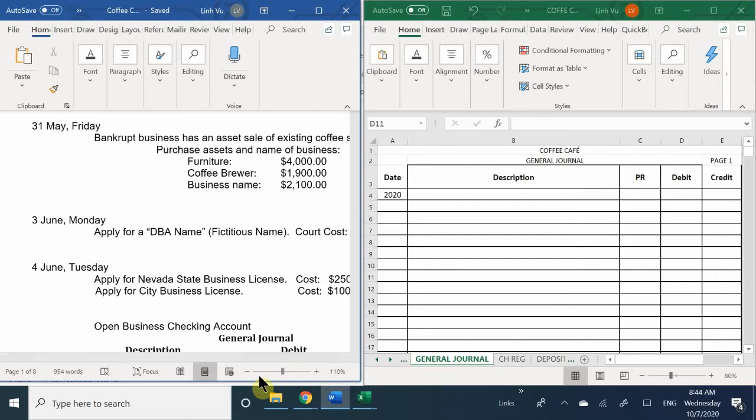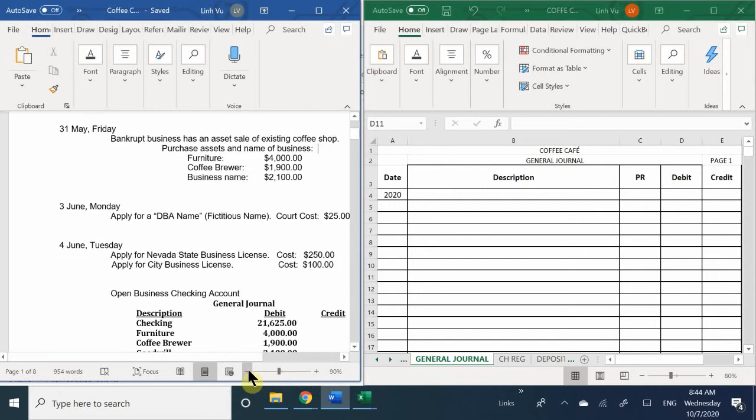Then the next scenario says that on June 4th, we applied for the Nevada State Business License, and that cost me $250. We also had to apply for the city business license, which cost us $100.